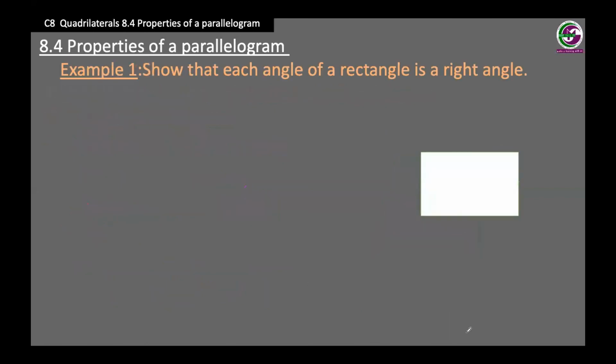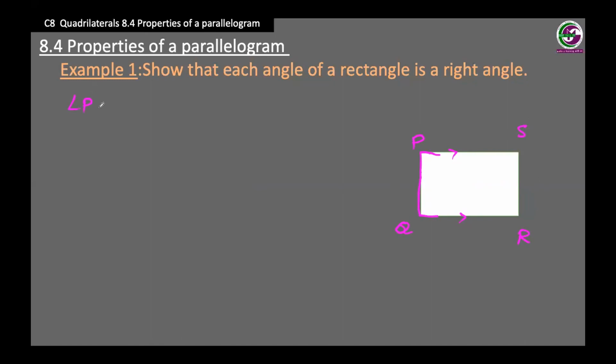Now let's move on to an example. Show that in a rectangle, all angles are 90 degrees. You know, in a rectangle, opposite sides are parallel. So these two sides are parallel, which means we can apply the same side interior rule, or the C rule. C, not Z, C. So let's name it PQRS.